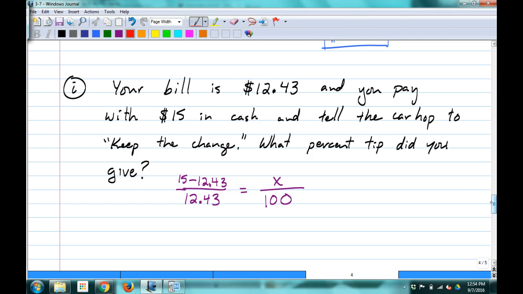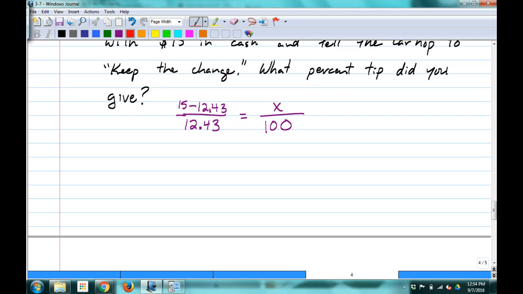So let's work that number out. It'd be $2.57. Is that right?